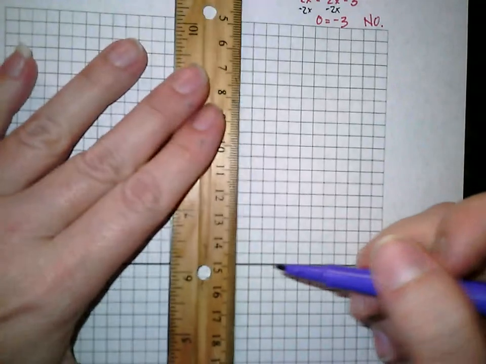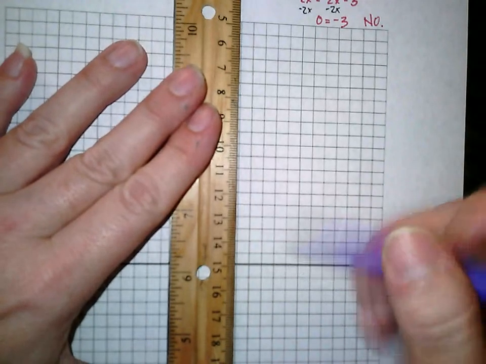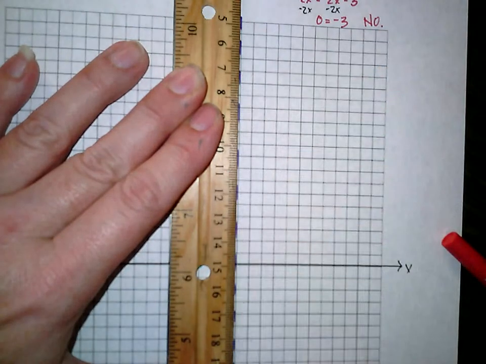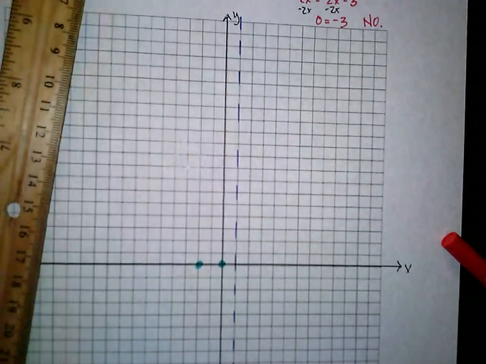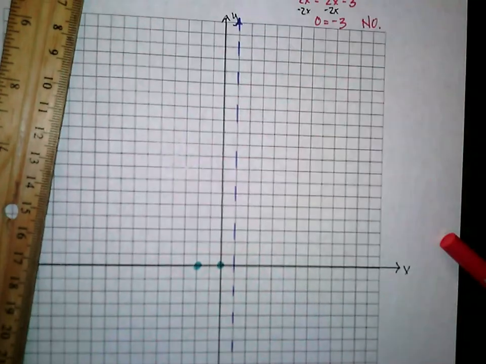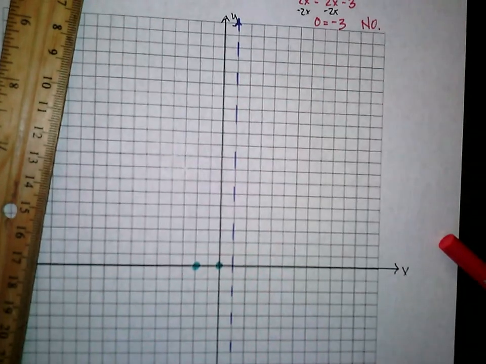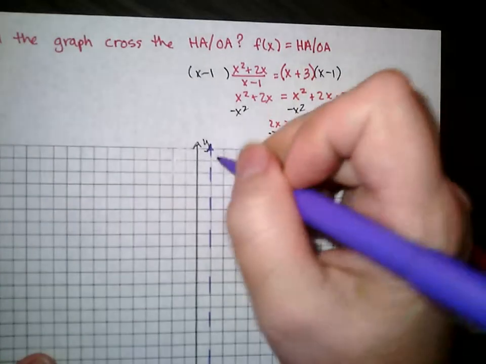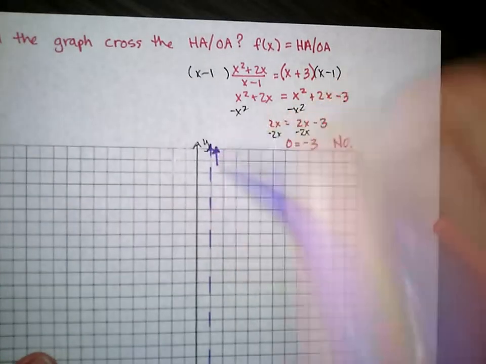So at x equals 1, I need a dashed line. The graph is going to be headed towards negative infinity on the left side of that asymptote and headed towards positive infinity on the right side.